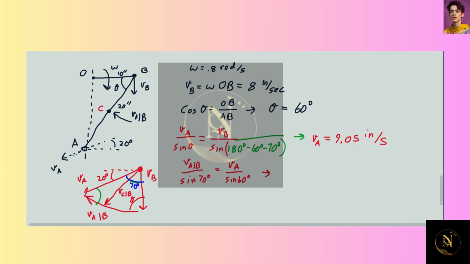We solve this for the velocity of A with respect to B, and we get about 9.82 inches per second.